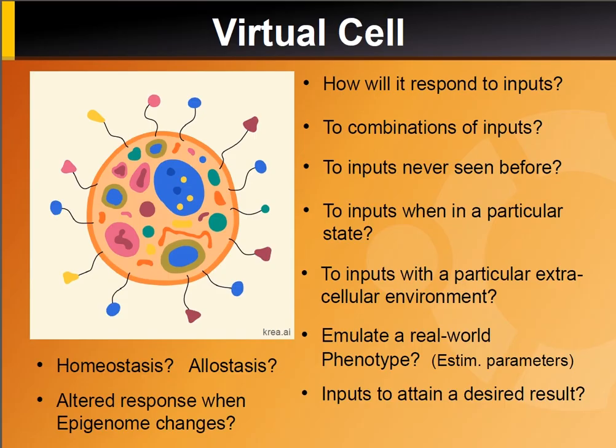Also, how does the cell's response vary when the cell undergoes epigenomic changes, which is very relevant to aging and health span, as well as how to emulate real-world phenotypes, which incidentally could also be used as a way to estimate the missing or poorly known parameters of the dynamical model.